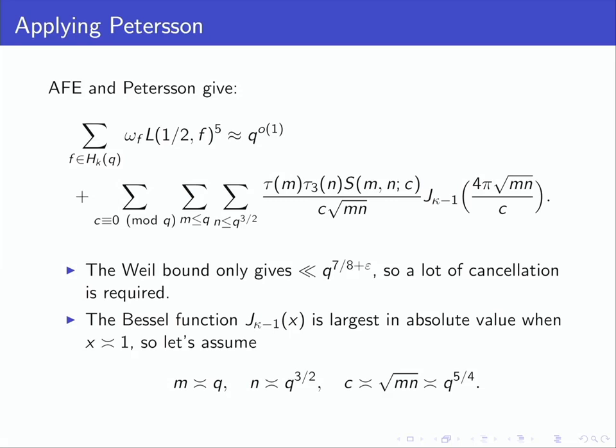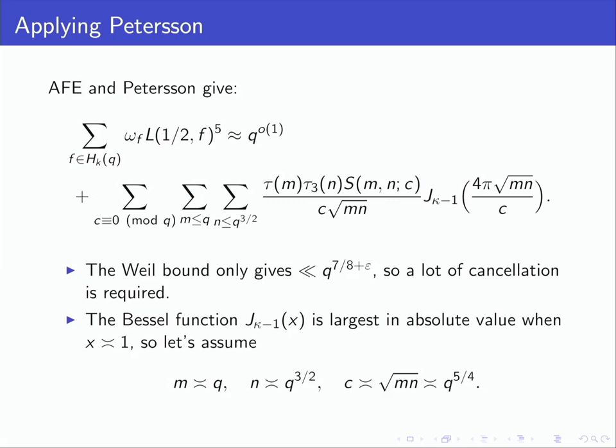So the largest the Bessel function gets is when x is not going to 0 or off to infinity. I write that as x is of size 1, which is what the asymp symbol means. In that range the Bessel function isn't doing very much, so I'm going to stop writing it.